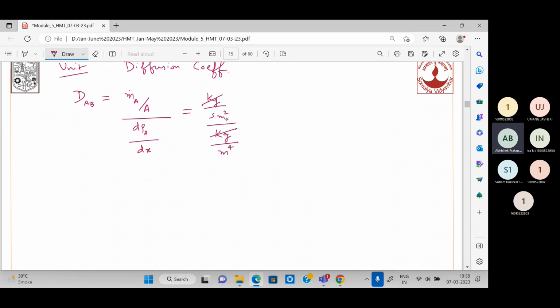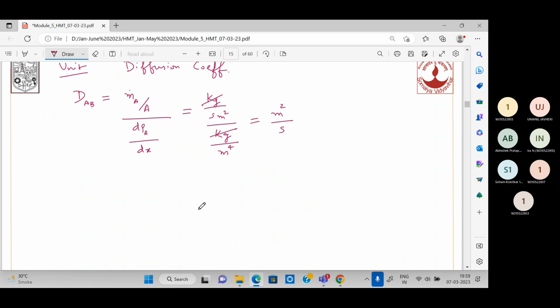Meter to the power 4 over meter square will cancel, so we get the unit as meter square per second. This indicates the unit of thermal diffusivity and the momentum diffusivity.